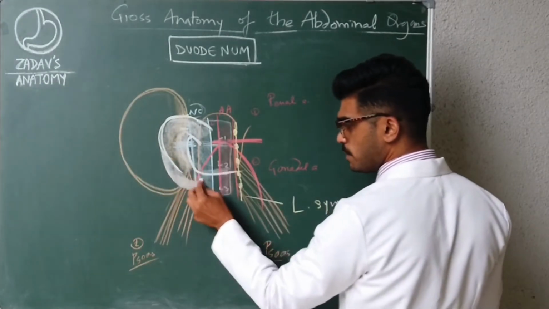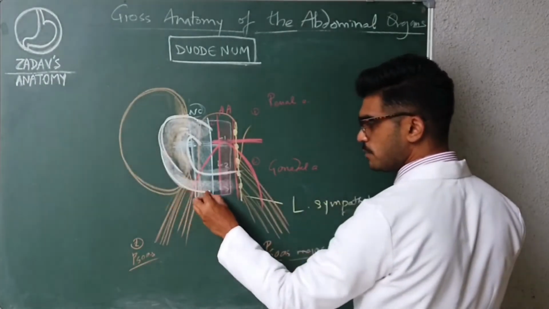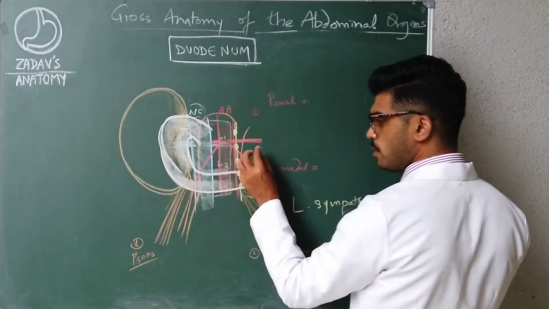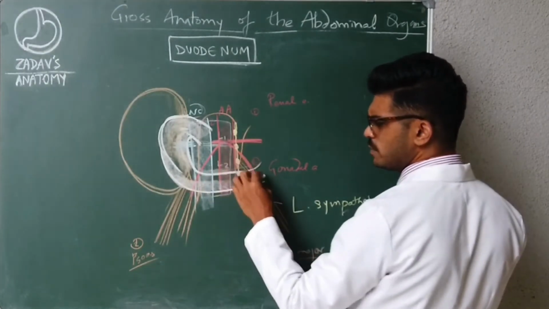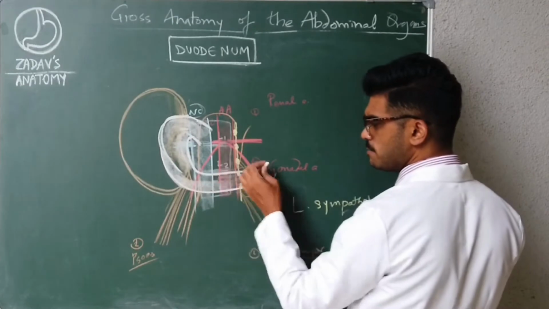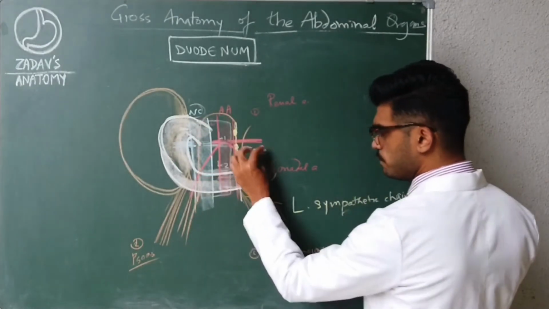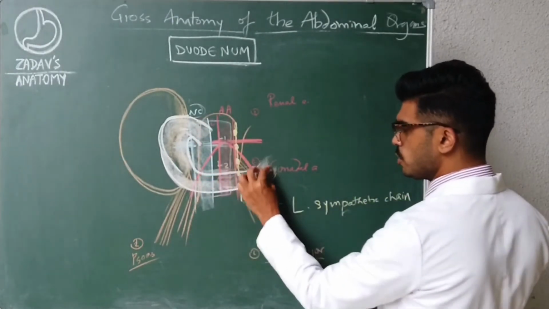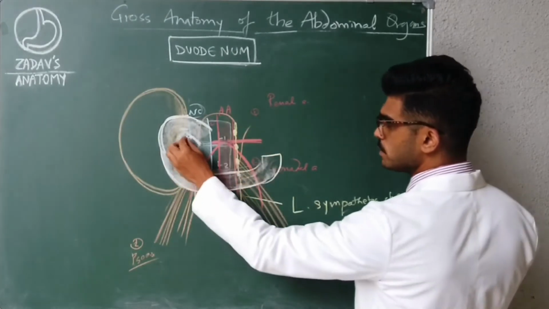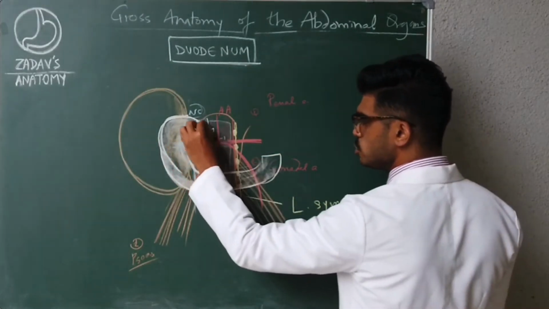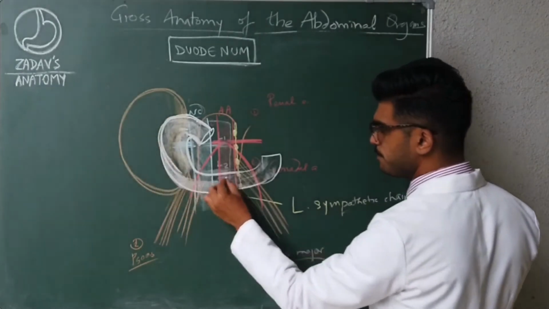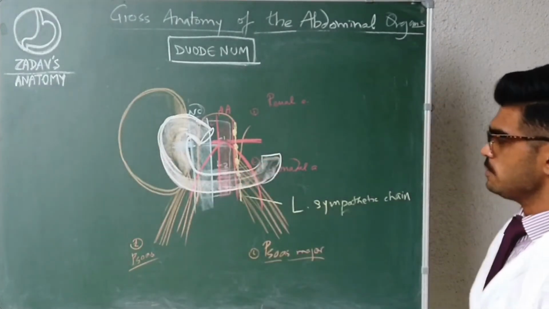Then we've got D3, or the third part of the duodenum, going somewhere like this, and at the L2 vertebral level it ascends upwards again because of the pull of the suspensory ligament, forming the duodenojejunal flexure. So this is the superimposed duodenum over the posterior abdominal wall.